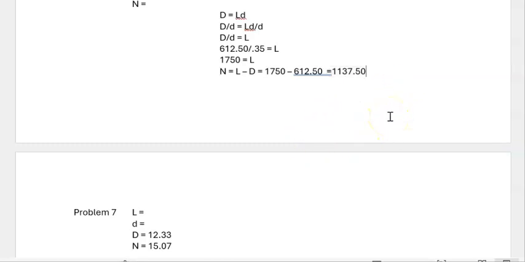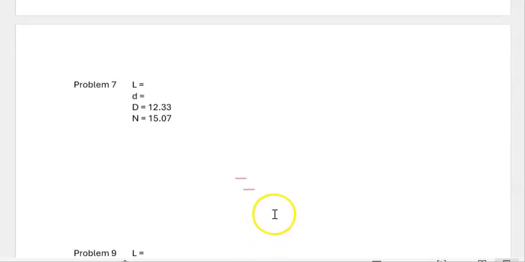Our list price, which is $1,750, minus our discount of $612.50, leaves a net price of $1,137.50.